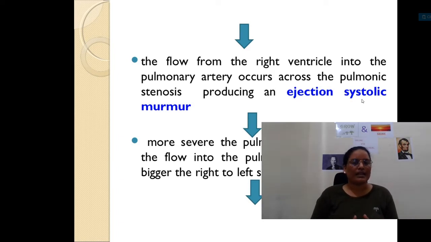And the bigger the right to left shunt, the more the cyanosis, because there is very little oxygenated blood. That's why the baby becomes cyanosed. Cyanosis means discoloration of the skin, or the bluish color of the skin, right?